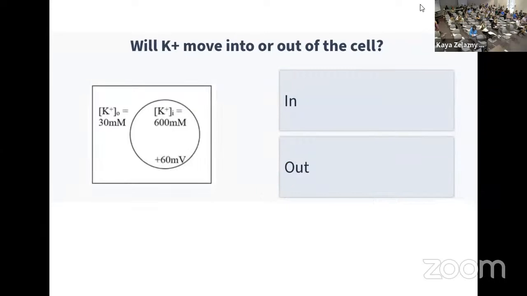I want us to do one more. So now we have a different example, and I want you to take a look at that potassium. We have a new example, new concentrations, a new membrane potential, and a new ion.